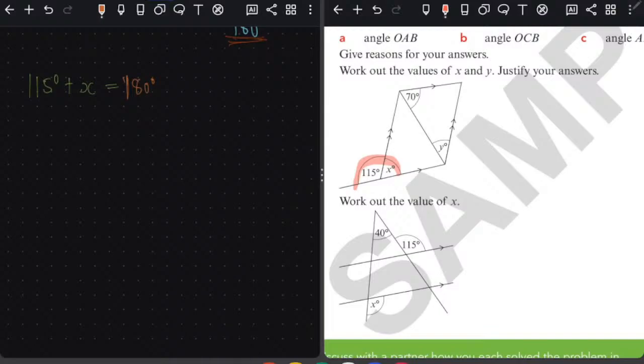Exactly. 115 plus X will give you 180 degrees. Okay? Now, how do you find X? You take 115 to the other side, right? 180 minus 115. What do you get for X?